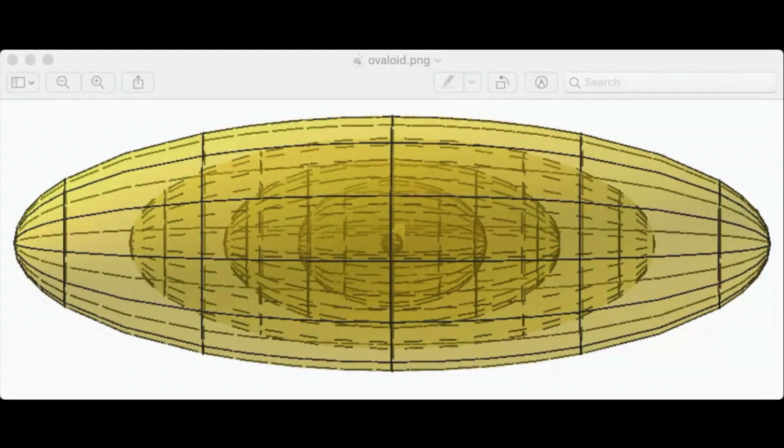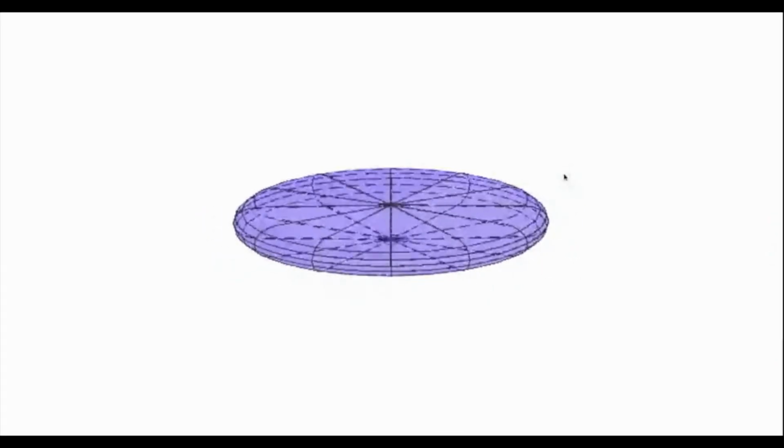Now for the pancake. The pancake looks like this. This is also the flow.